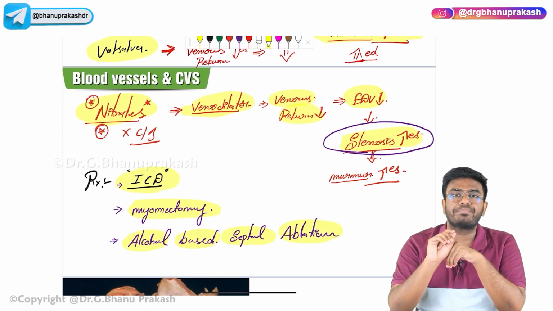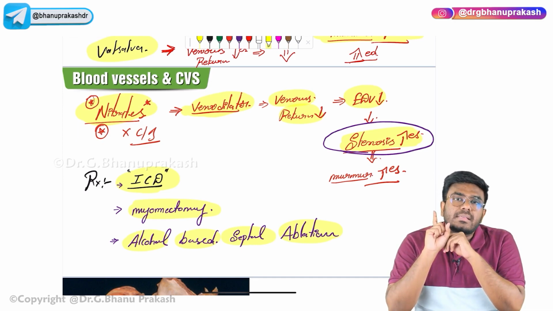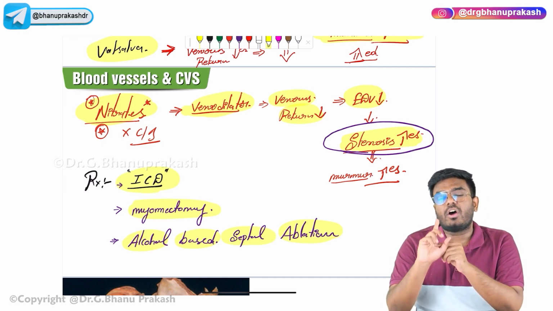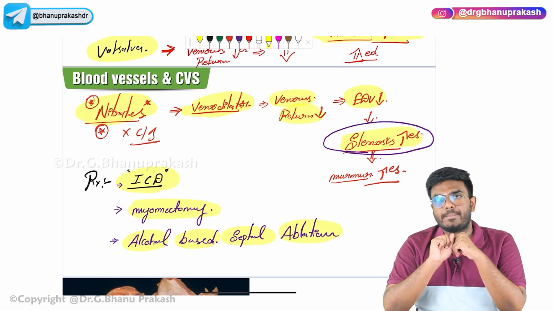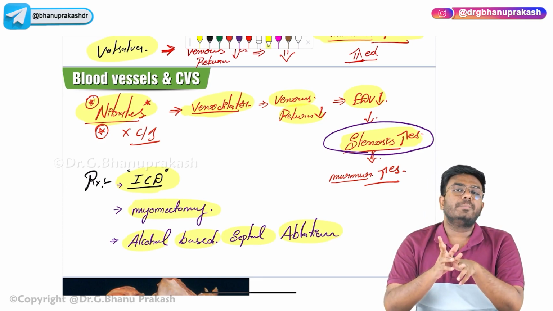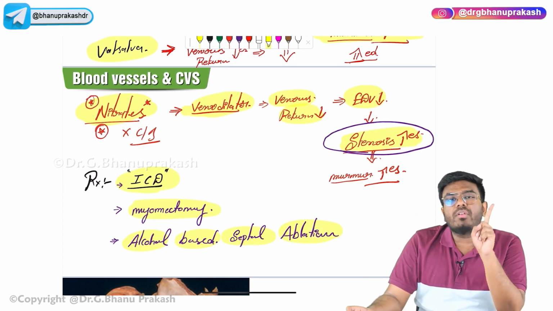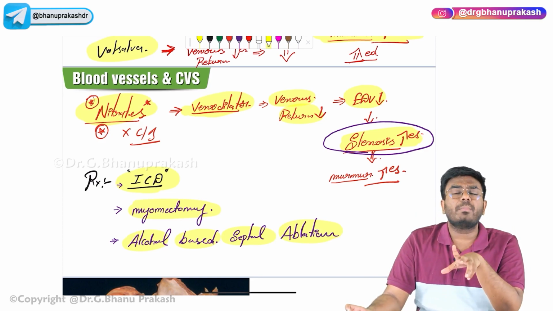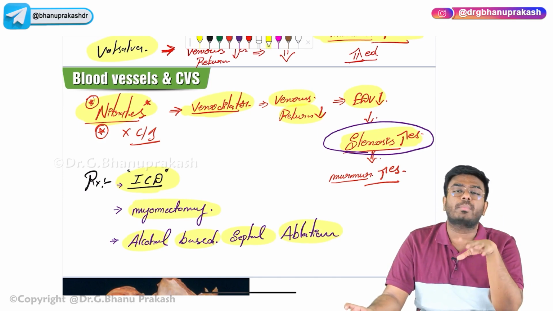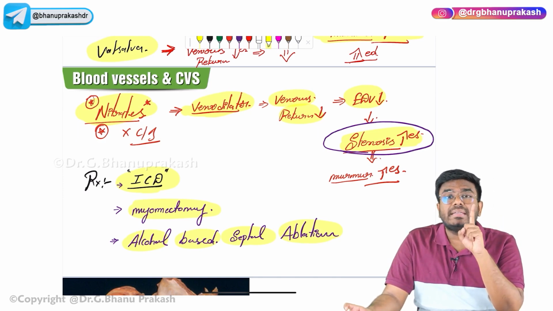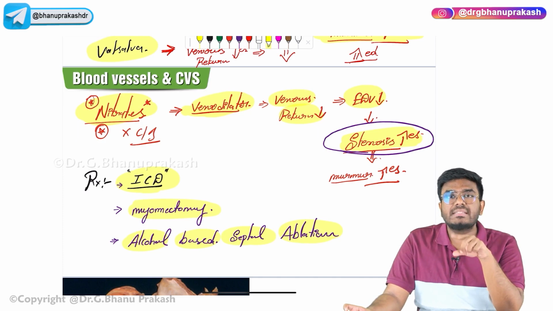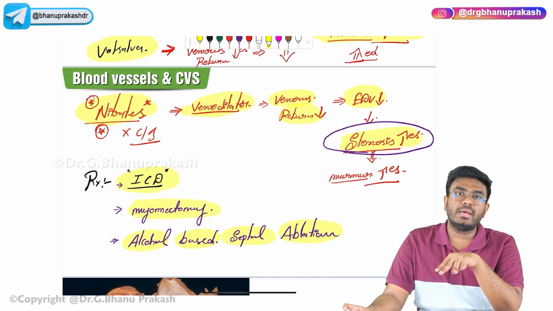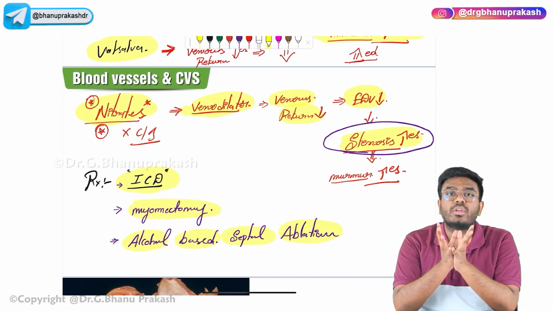In HOCM, there is dynamic left ventricular outflow tract obstruction because of asymmetrical septal hypertrophy, as well as systolic anterior displacement of the mitral valve leaflet. Because of the subvalvular aortic stenosis, there is a crescendo-decrescendo murmur. The intensity of the murmur depends on the left ventricular end diastolic volume.